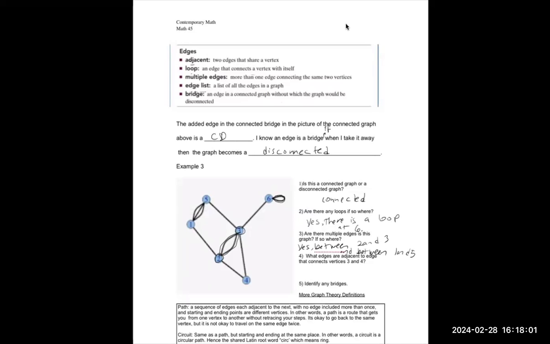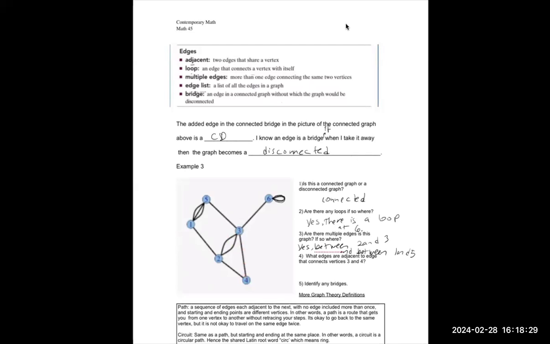What edges are adjacent to edge? What edges are adjacent to the edge that connects 3, 4? So here's 3, 4, right here. What are the edges adjacent to that?